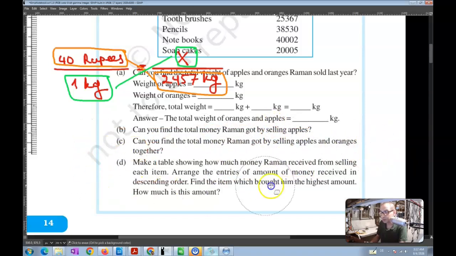So then I will simply take these amounts and cross multiply. I will write 40 rupees, and you can see that here I don't have to worry about units and things like that. The unit automatically comes with the number because it's simply written over here.